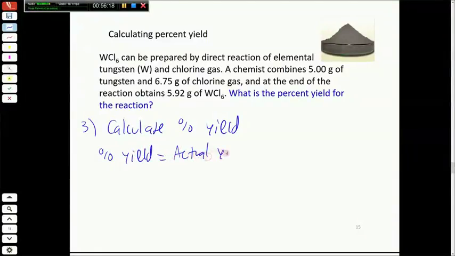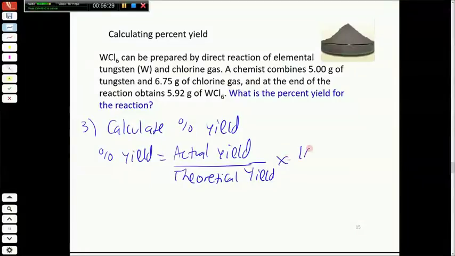Alright, so there's the equation again that we introduced. Actual yield over theoretical yield times 100. So our actual yield, as we said, is given to us. We're obtaining 5.92 grams of WCl6.